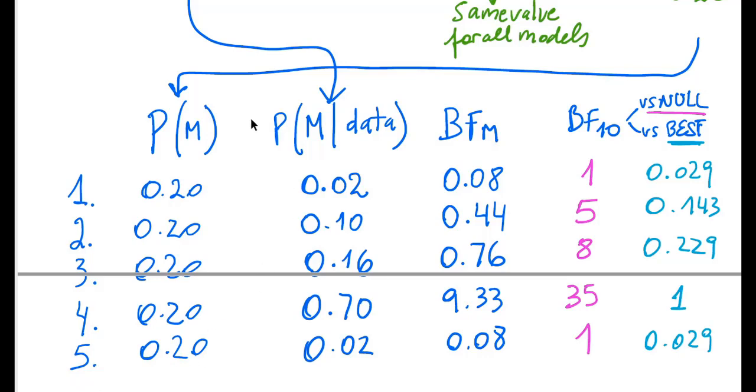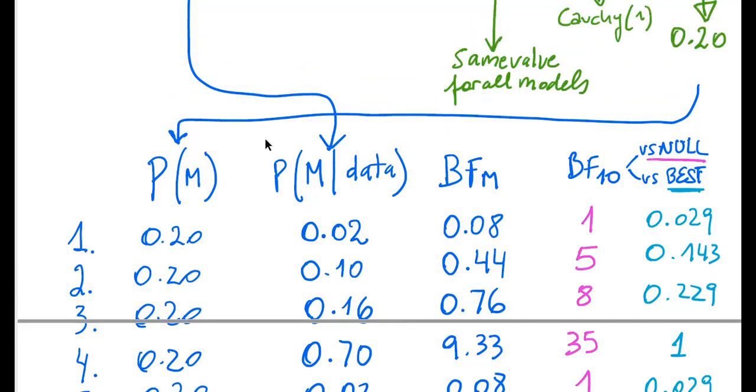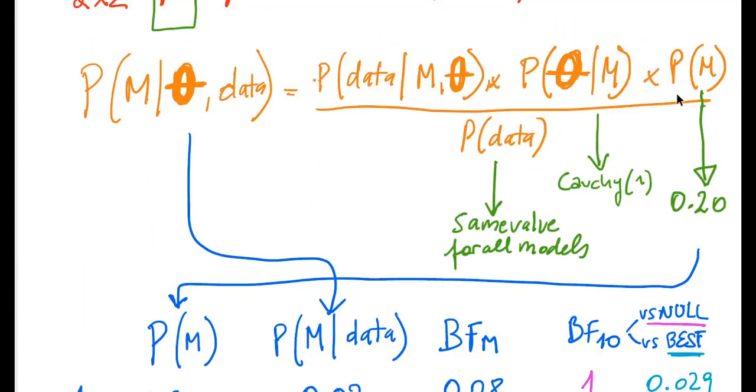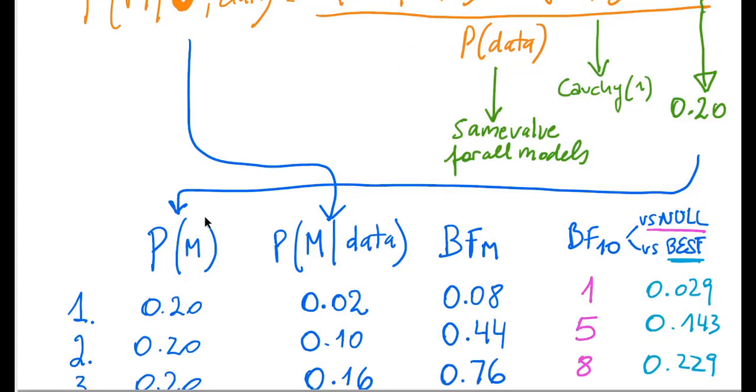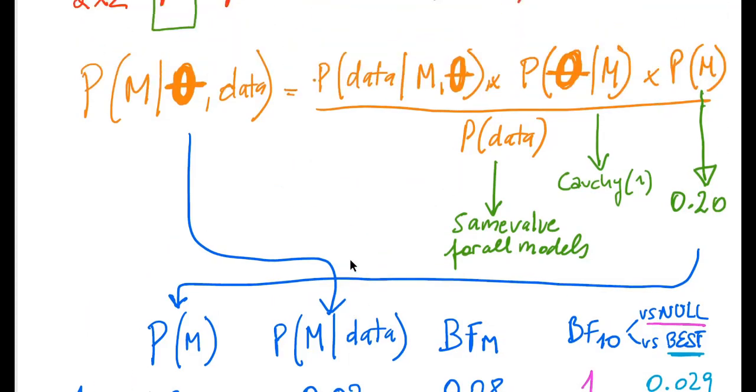And then, this comes from the P(M), the probability of the model in the theorem. Then the probability of a model given the data is a shortcut for the posterior for the models.